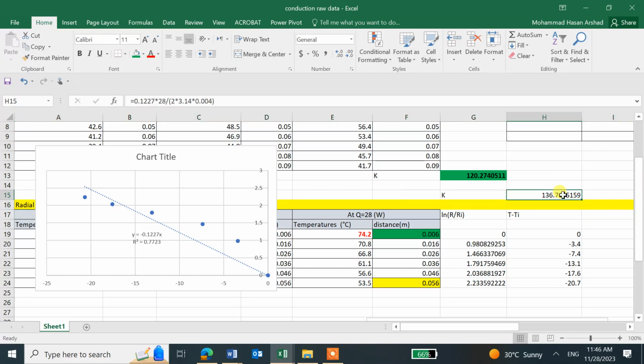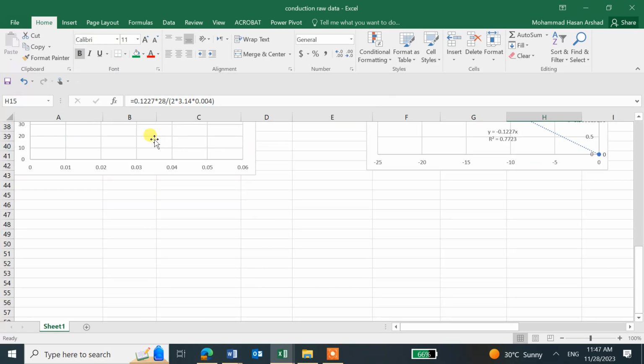So from different methods, you will get different values, close values around 120, 130, 140. You can report all of them and find the average. Find the standard deviation too, because we expect that K should be constant. Then you can report the standard deviation of all.